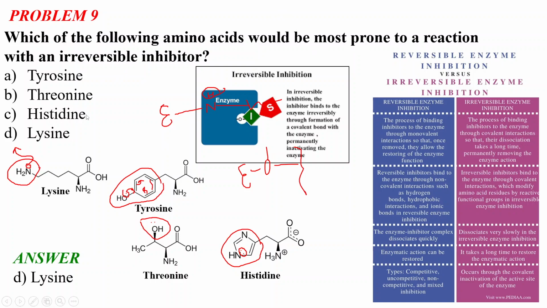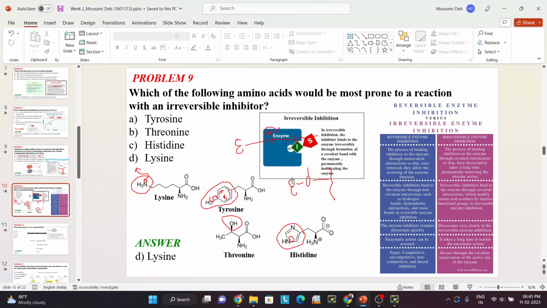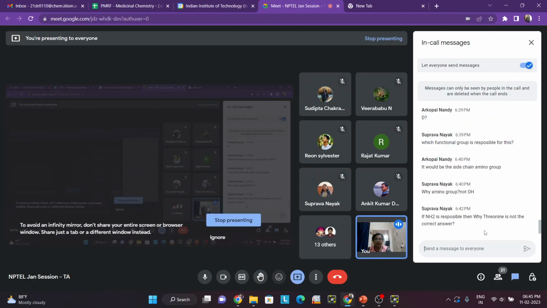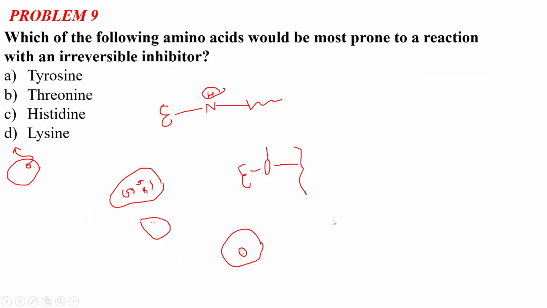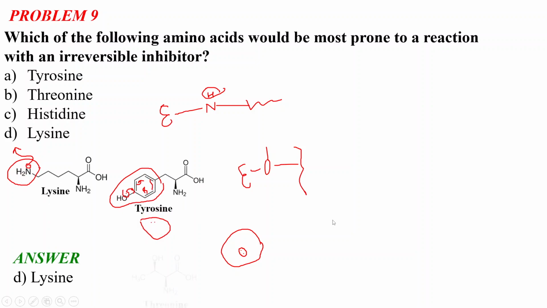I have not said that threonine will not take part, but lysine more readily will take part in irreversible inhibition. So, when you read this question, you have to read it carefully. It is not said that only one amino acid will act as an irreversible inhibitor. It says which is most prone, and I have not said that threonine will not act at all. It may act as an irreversible inhibitor, but the probability is much less than lysine.